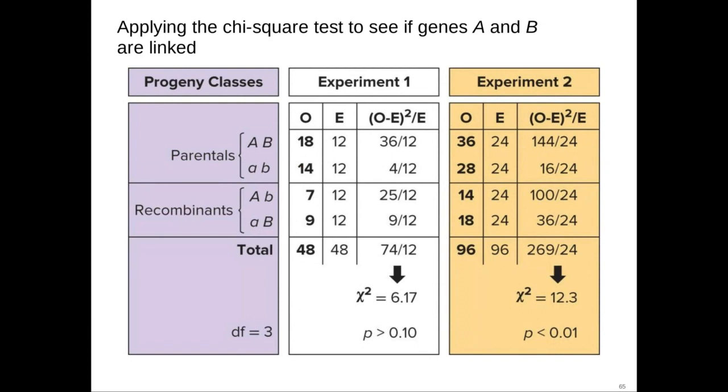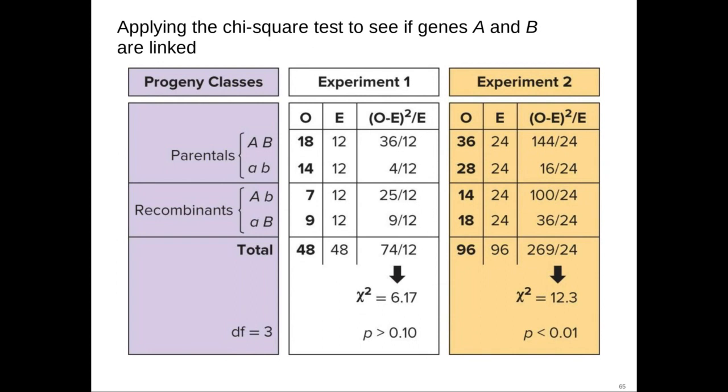If that probability is less than 0.05, we have to reject our null hypothesis. If that probability is greater than 0.05, we accept that null hypothesis. So that's the threshold we use, this 0.05, a 1 in 20 chance. In this case, for chi-squared in genetics, it is simply that null hypothesis.